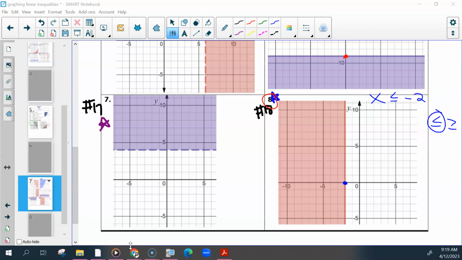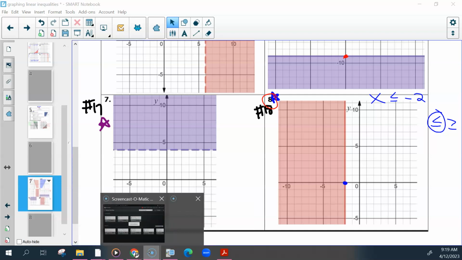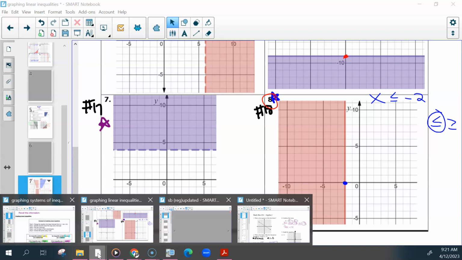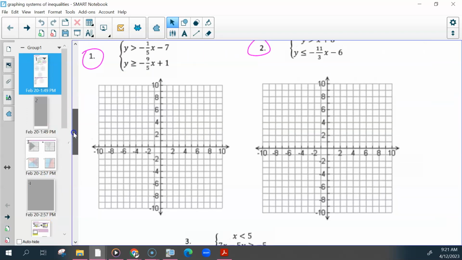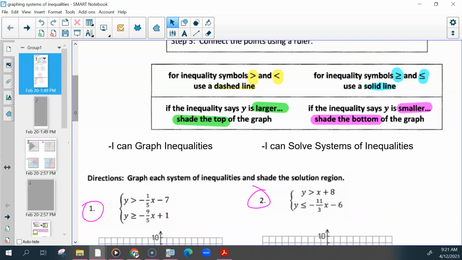There is one last thing we have to talk about today, and that is systems of inequalities, where we'll be graphing two on the same graph. For systems, it's basically the same thing we were just doing: graphing the lines, talking about the dashed or solid lines, shaded above, shaded below.